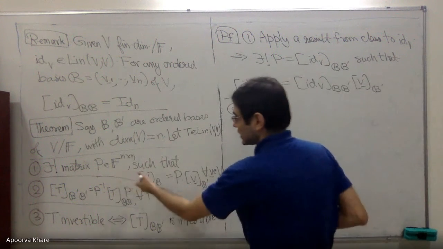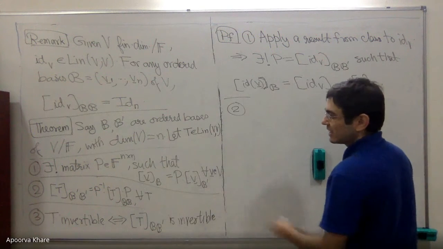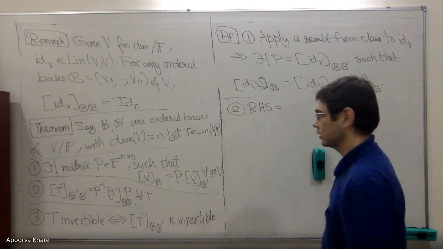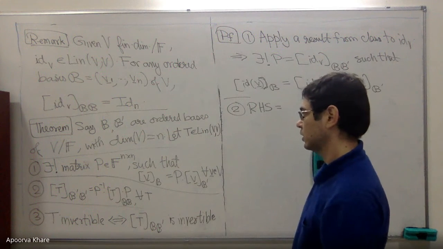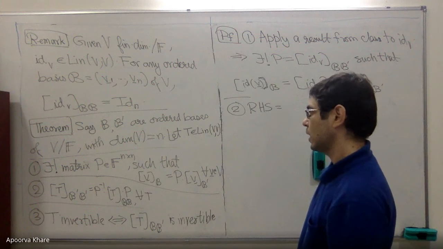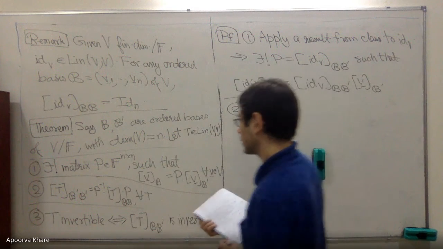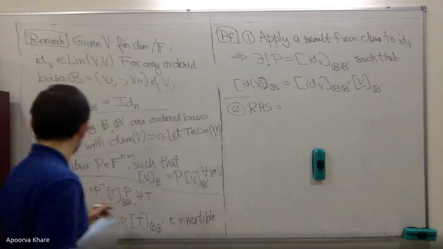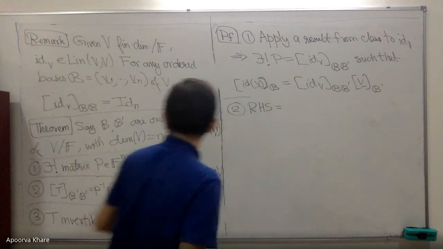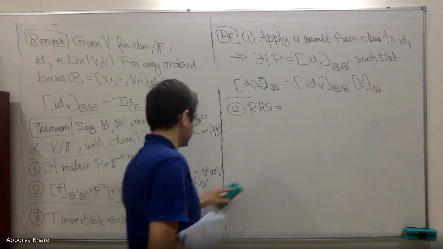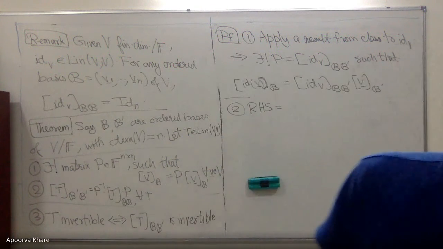Part two is very simple. Now, let's look at the right hand side maybe. Oh, I forgot to say that it's invertible. So I should have said here, oops, my bad. Maybe I'll write it in blue so you can read it.